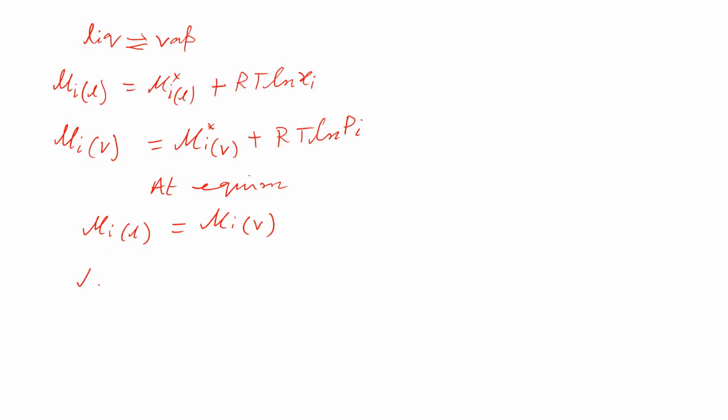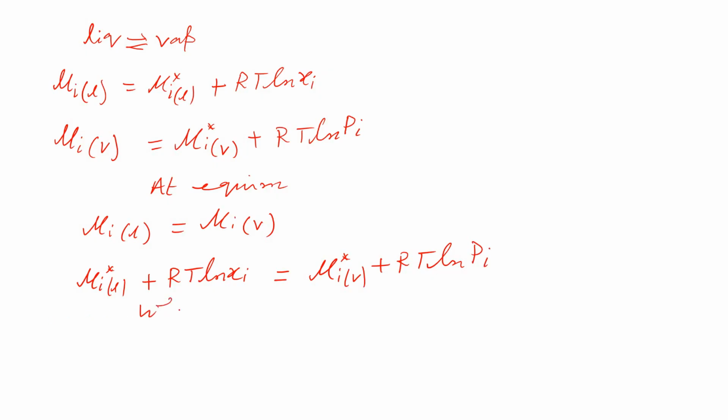Mu I of the liquid phase in the standard condition plus RT ln Xi is equal to mu I in the vapor phase in the standard condition plus RT ln of the partial vapor pressure of the component I.